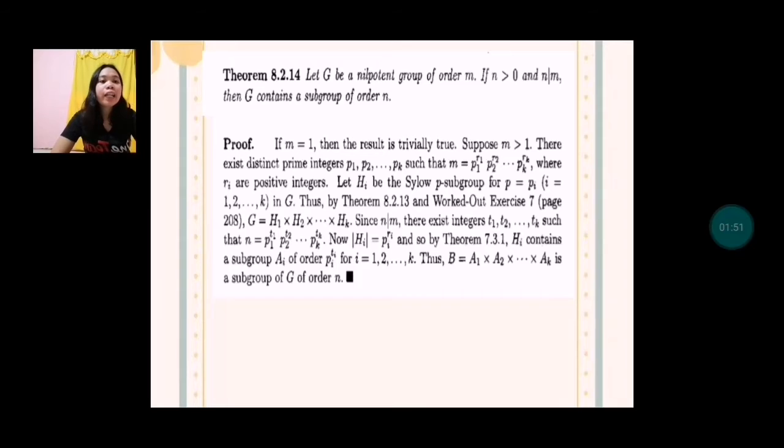Now, the cardinality of H sub i is p sub i to the power of r sub i, and so by theorem 7.3.1, each H sub i contains a subgroup A sub i of order p sub i to the power of t sub i for i equals 1, 2, and so forth to k. Thus, B equals A sub 1 cross A sub 2 cross and so on cross A sub k is a subgroup of G of order n.